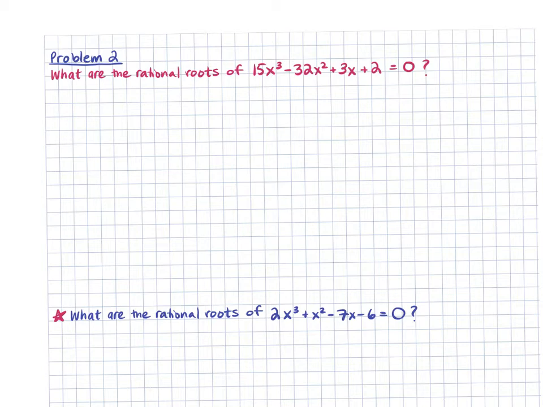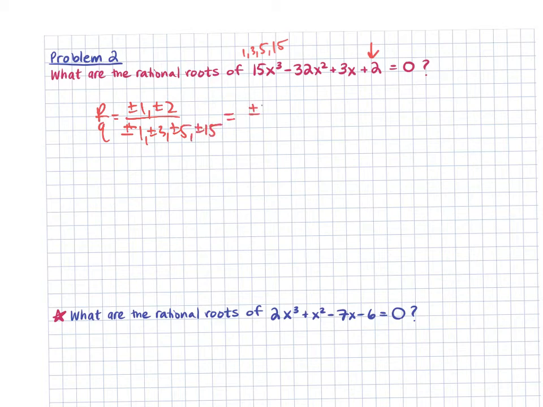In this case, we have P over Q. My P's are plus or minus 1 and plus or minus 2, and my Q's are plus or minus 1, 3, 5, and 15. So you can see there's a ton of these.